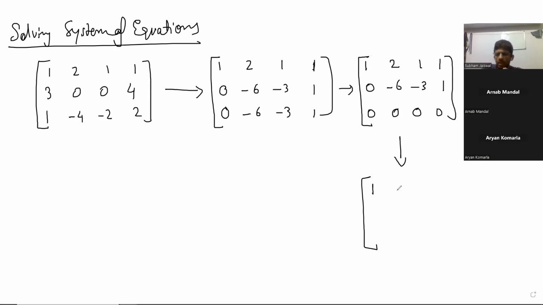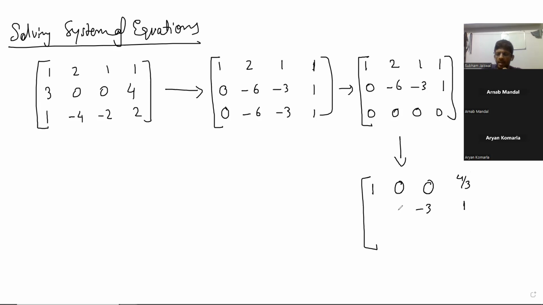1 by 3 of this. So this will become 0, and this will also become 0, and this one will be 2 by 3. That would be 4 by 3, I guess. Correct.